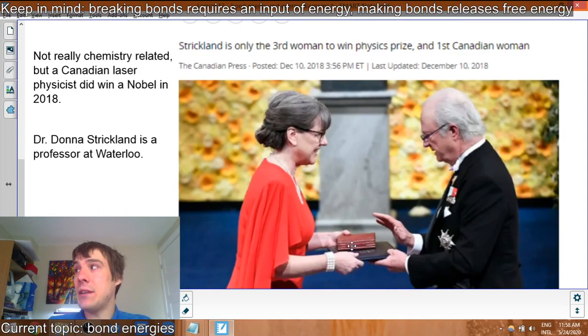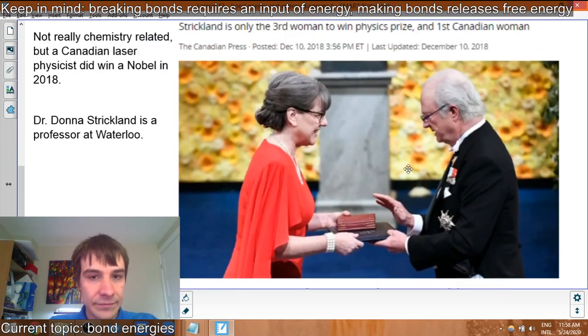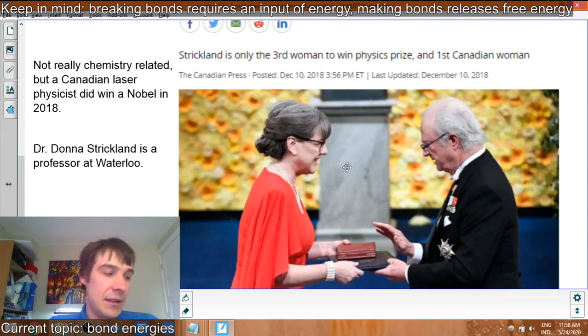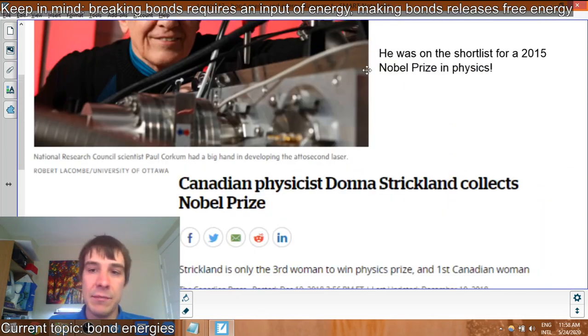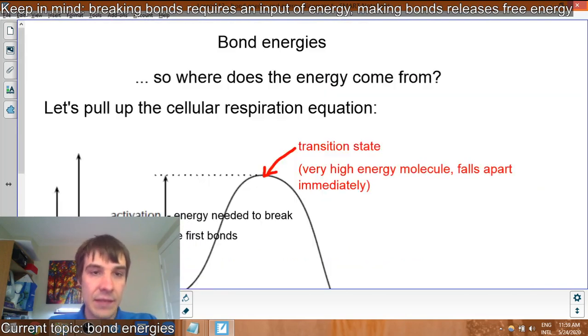And here she is accepting her Nobel Prize from the King of Sweden. Very, very cool that we have some cool high-end laser physics happening in Canada, and potentially it could be used to actually image the transition state. I think that's neat.